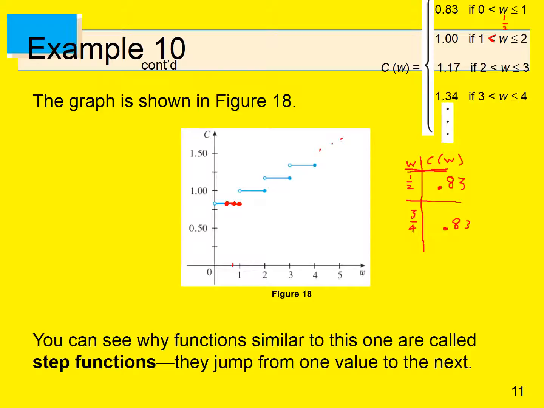They jump from one value to the next. And so there is an application of the freaky greatest integer function that you remember from Math 13-14. So it's interesting how these things get applied in real life.